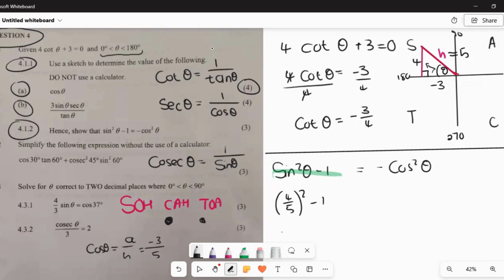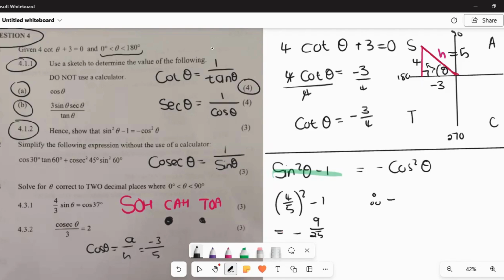On the calculator we have 4 over 5, close bracket, squared, minus 1. So this gives us negative 9 over 25.